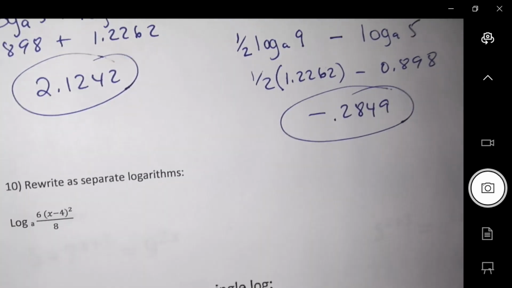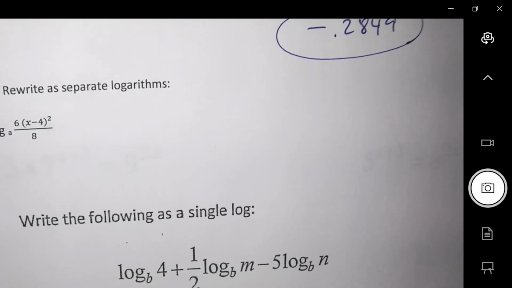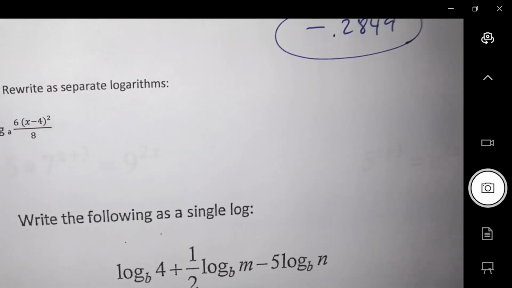Okay, number 10, separate. Oh, that's snow scraping. What is it? How many units am I going to have when I'm done separating this one? You're going to have 3 units, okay?